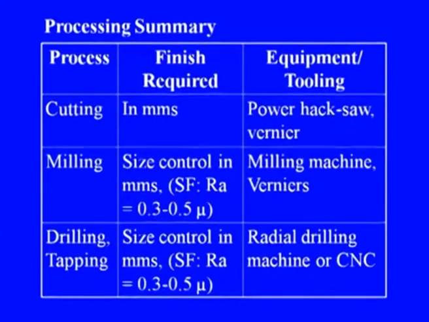Then in drilling and tapping, again the size control will be in millimeters, with 0.3 to 0.5 micrometers as Ra values, and the machines required will be radial drilling machine or a CNC machining unit.